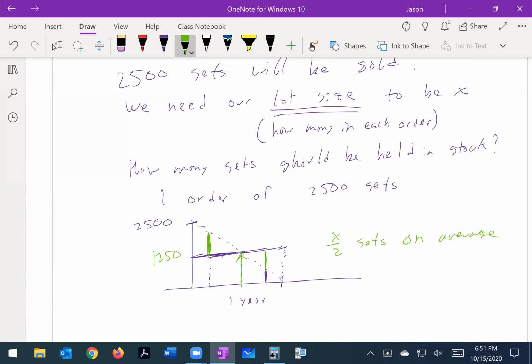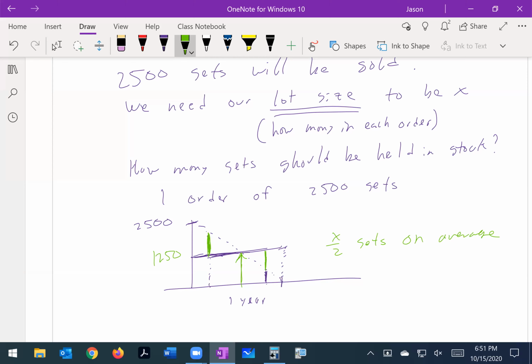So whatever I have in my inventory, the average of all of my inventory is going to be the order size divided by 2. Take my lot size, divide by 2, and that's how many I'm going to have on hand on average.